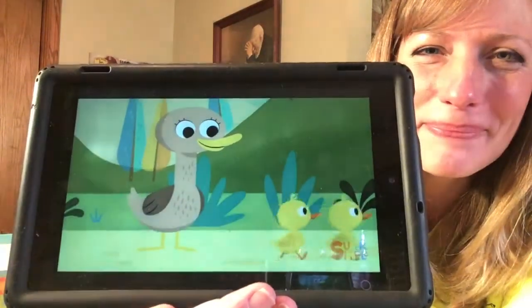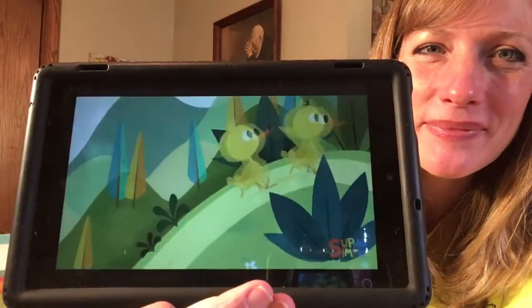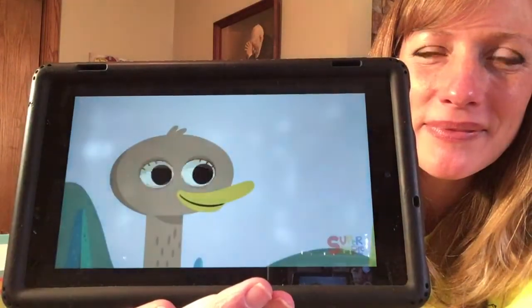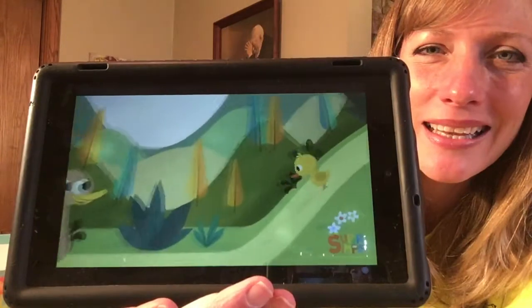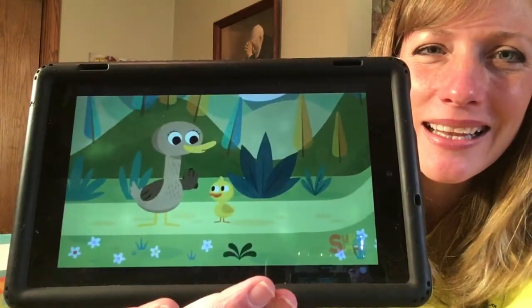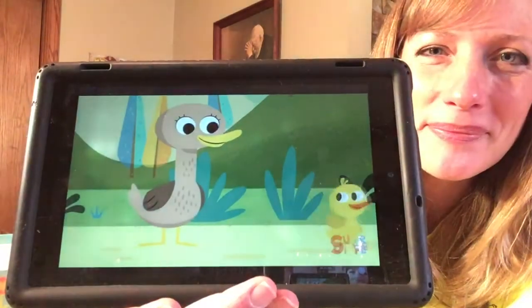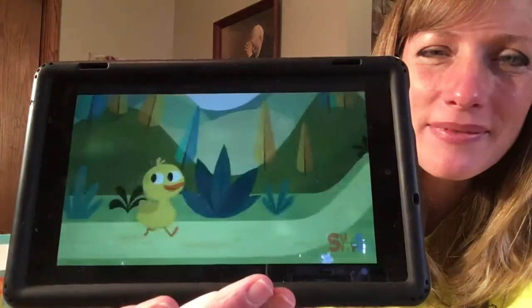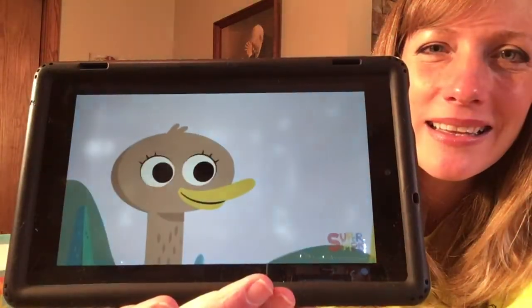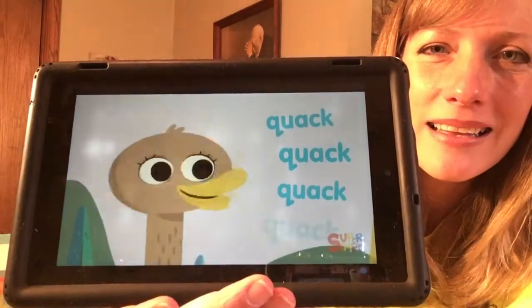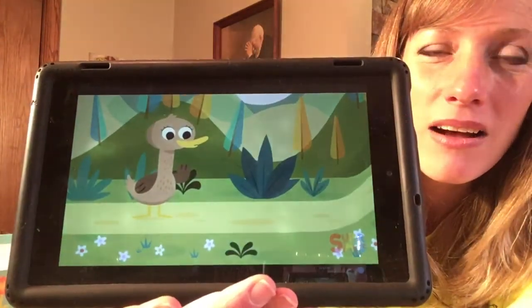2 little ducks went out one day, over the hill and far away. Mother duck said quack, quack, quack, quack, but only 1 little duck came back. 1 little duck went out one day, over the hill and far away. Mother duck said quack, quack, quack, quack, but none of the 5 little ducks came back.